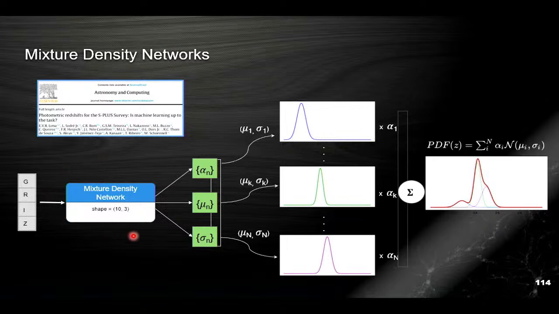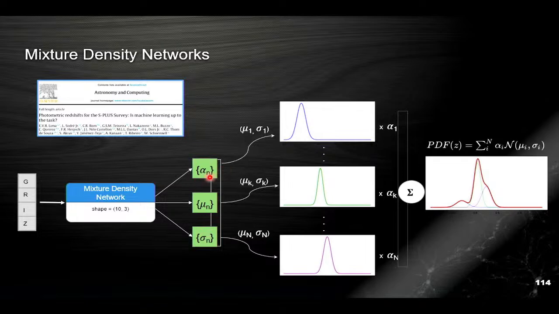So the idea is you put your photometric data inside a neural network that can be whatever you want in principle, but on top of it, instead of just asking the neural network, please give me the redshift, what you're going to do now is, I don't want the redshift itself. I want these three sets of numbers. Okay, three per galaxy. All right.